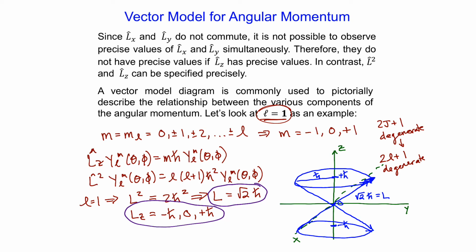All right, so you should be able to draw one of these vector diagrams for angular momentum for any value of L. Obviously L equals 0 is not going to be super interesting, but try your hand at L equals 2, and it will challenge your artistic abilities a little bit, but give it a try, and we can play around with that more later.